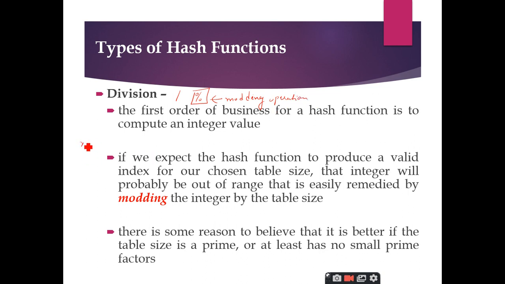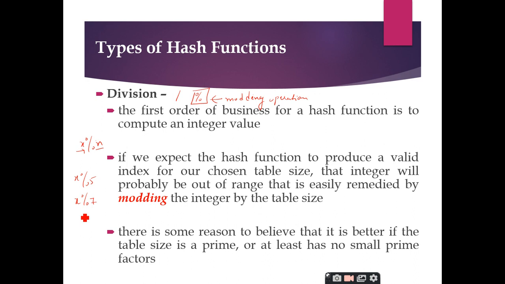This is the simple example we have taken earlier: x modulo n. Whatever value you want to store is inside this x, and n can be any prime number or any number you can take. For example, somebody will say that n is 5, so x modulo 5 is one hash function. Somebody else will say that I will take n as a prime number, so I take it as 7, which is accepted.